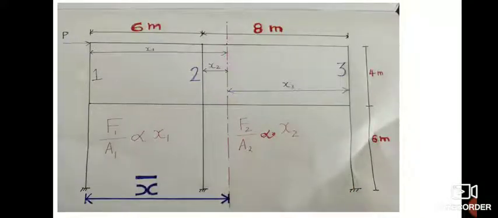Let me move on to the first step. The first step is we have to find the x bar distance, or where the centroid is. Here we will start with the second assumption. In the previous problem when we did the portal method, we first found the shear force in columns. The second assumption in the portal frame method was the interior column resists twice the shear force as that of exterior columns.